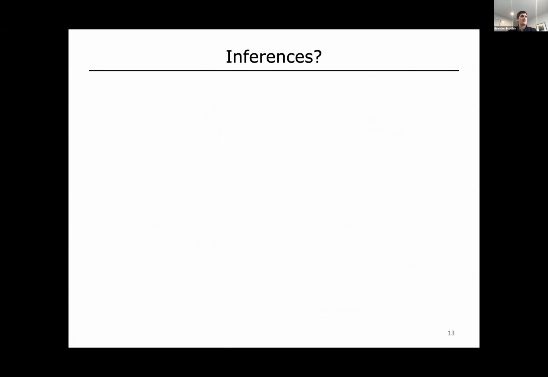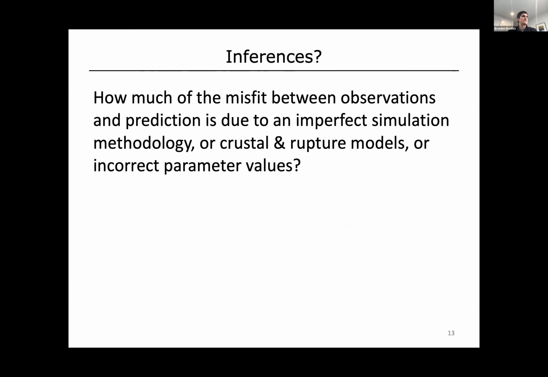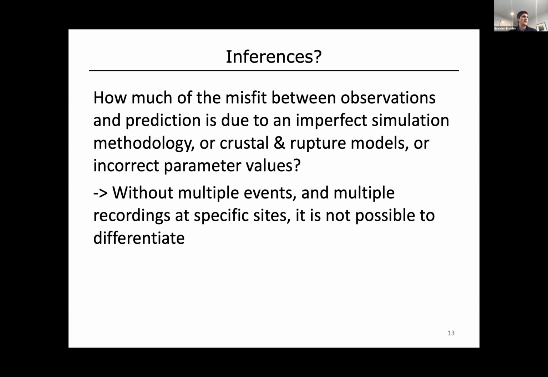So what inferences can we really make from those sorts of comparisons? The key question is how much of the misfit between observations and the prediction is due to an imperfect simulation methodology, or problems in the crustal or rupture models, or incorrect parameter values that go into those models. And the answer is that without multiple events and multiple recordings at the same set of sites, it's not possible to differentiate between those different sources.